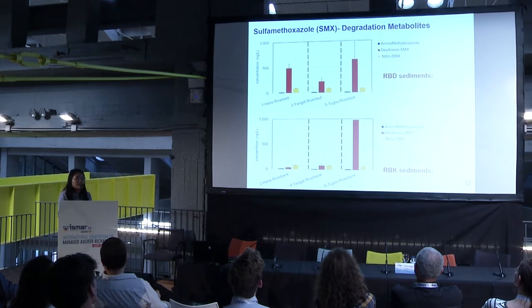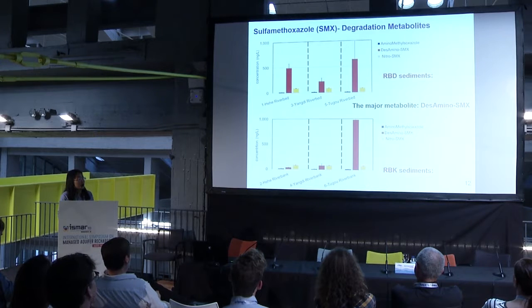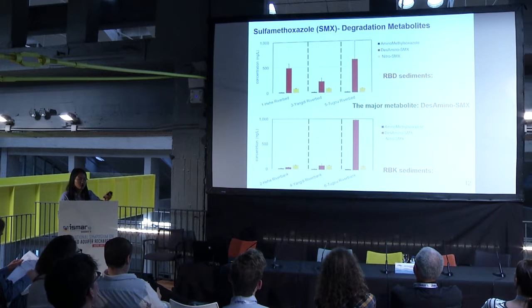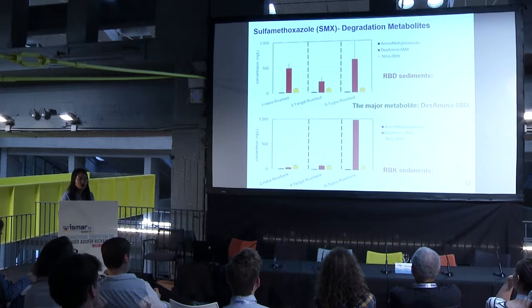These are just some initial results, but we found that no matter what kind of sediments, under aerobic condition the major metabolite is this amino sulfamethoxazole. But of course this needs to be further tested with the other samples that need to be analyzed in the lab.